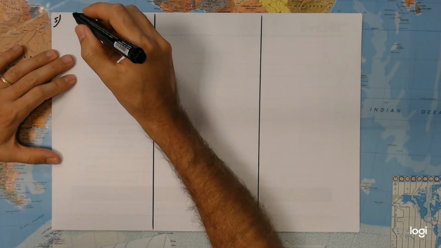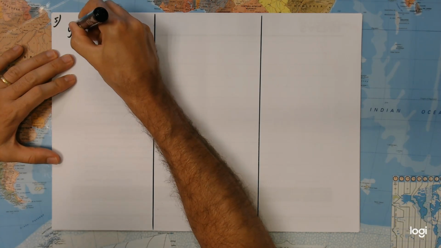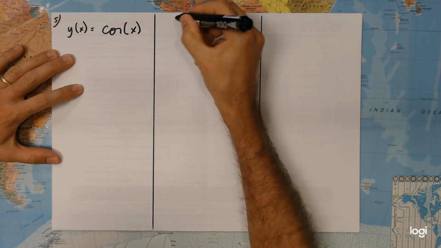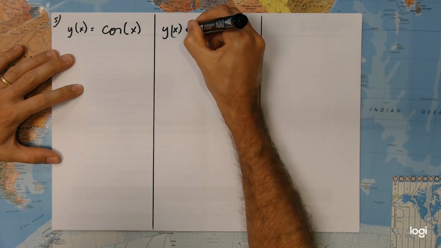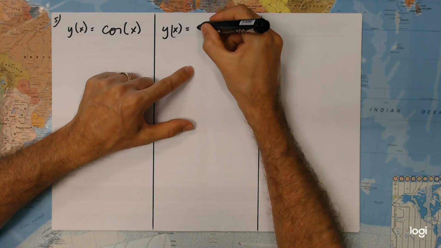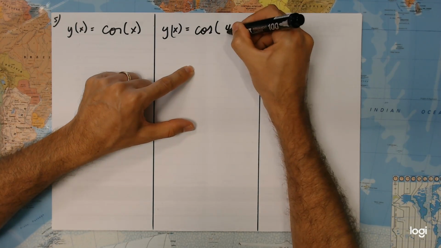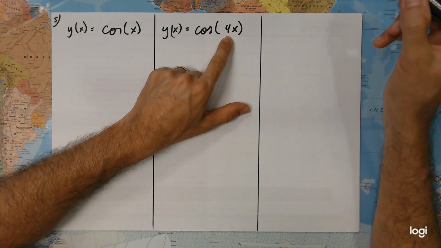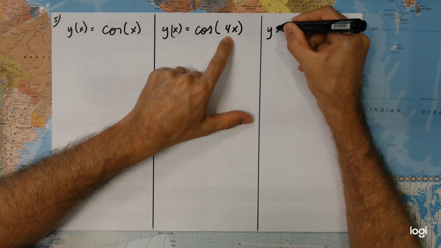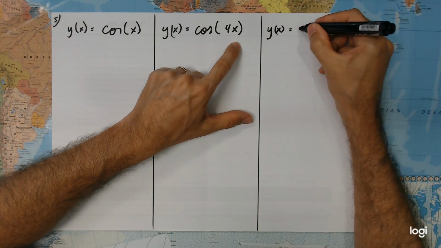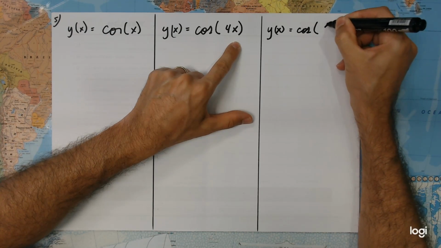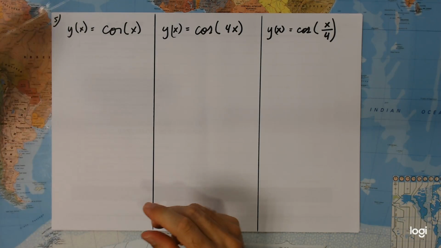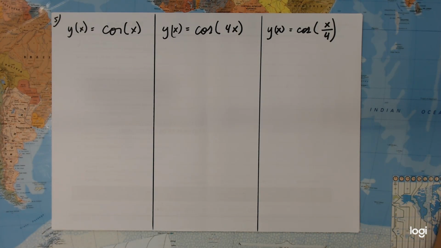For this one, we're going to draw y of x equals cosine of x, y of x equals cosine of 4x, we are dealing with the period, and y of x equals cosine of x divided by 4. Let's see what happens with those three.